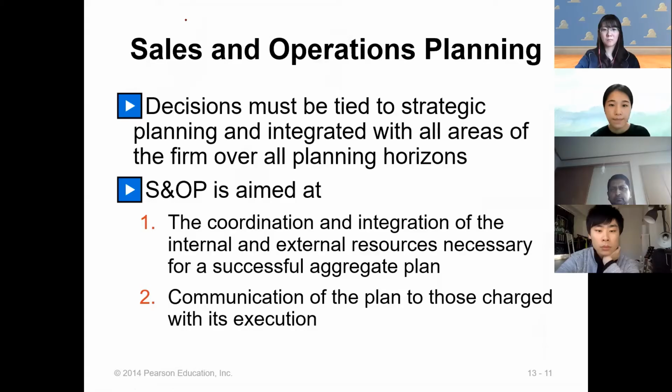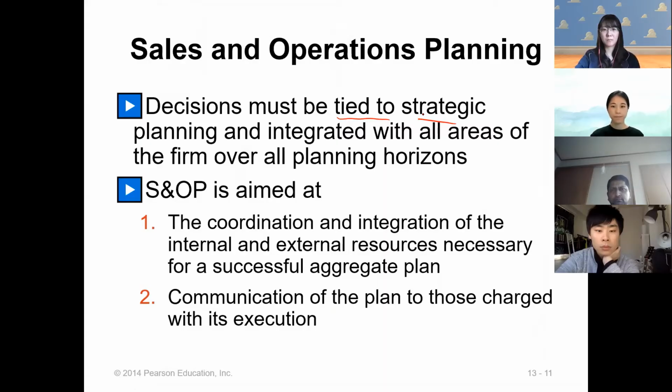So when the sales and operations planning tries to come up with the aggregate plan, the decisions must be tied to, or related to, the whole strategic planning. For example, the strategic planning is to grow. Growth is very important for the organization.